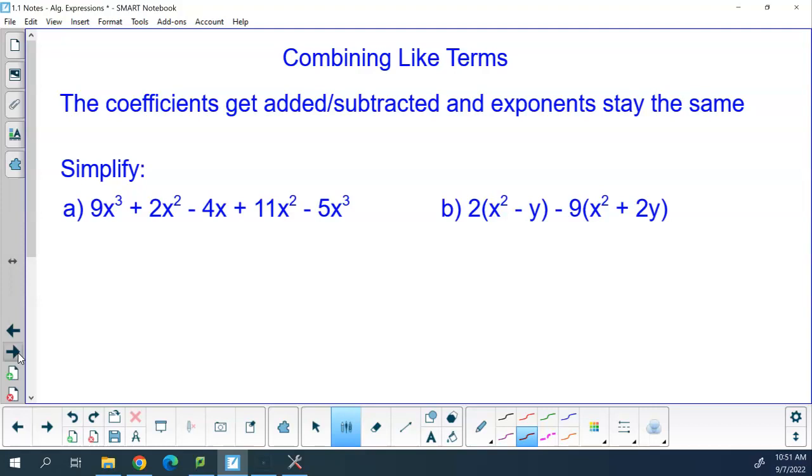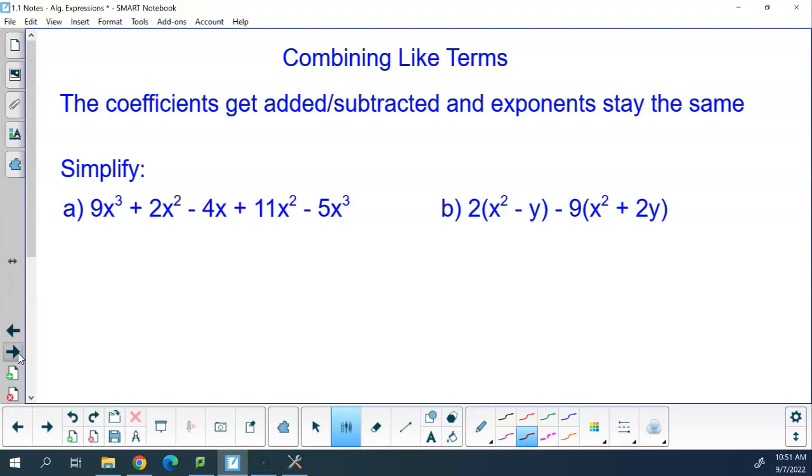Then, once that's done, we can combine like terms. The coefficients of like terms get added or subtracted, but they have to be exactly the same. For instance, x to the third power is not the same as x to the second power. Those are not identical. Those are not like terms. So those don't get to be added together.